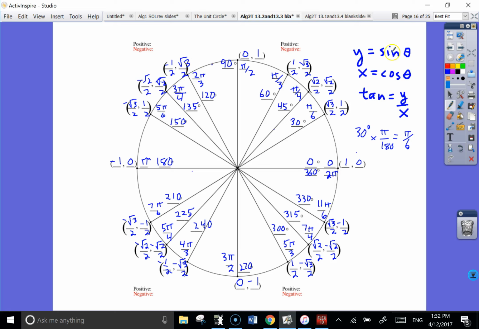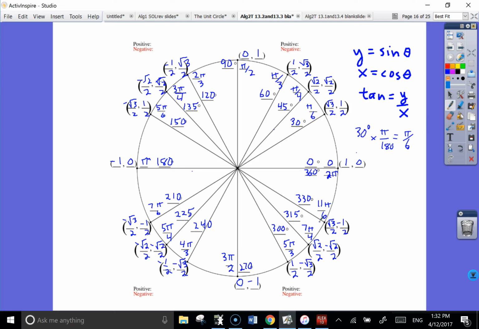And because it's the sine, you're looking for the y-coordinate. And you would say root 3 over 2. What is the cosine of 315 degrees? You would say, okay, where's 315 degrees? Which quadrant? 4, right there. The cosine would be the x-coordinate. So you go down there, look at the x-coordinate. Positive root 2 over 2.